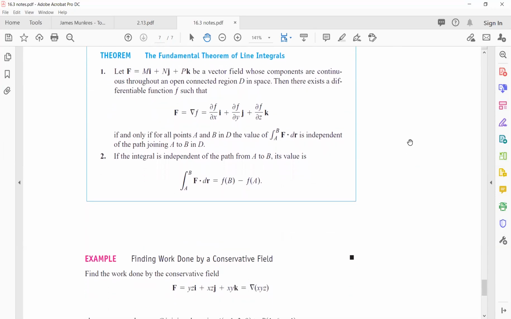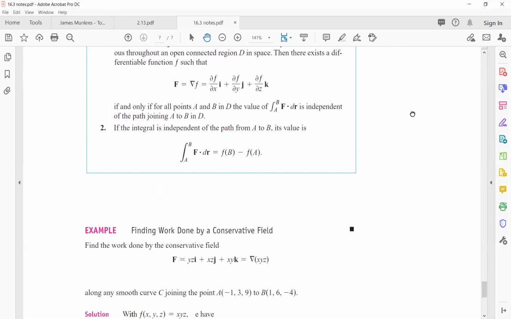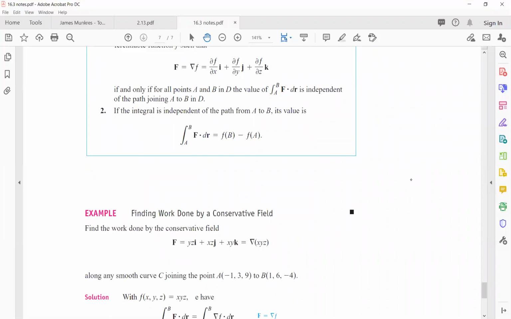Example. Question says, find the work done by the conservative field F, which is YZ, XZ, and XY. And you already know that this is equal to the gradient of function X, Y, Z. This work is done through smooth curve C joining point A to point B. Very well.